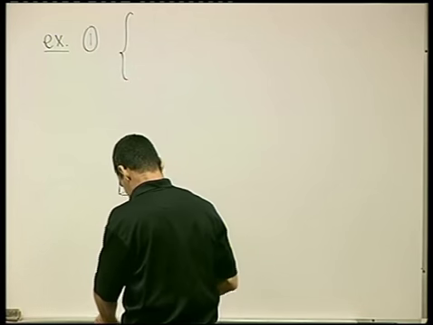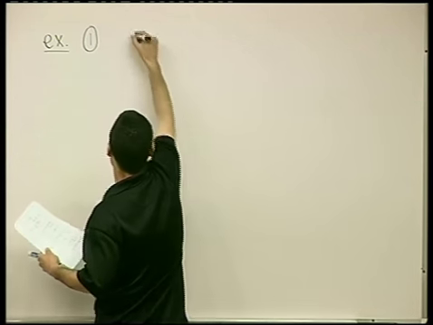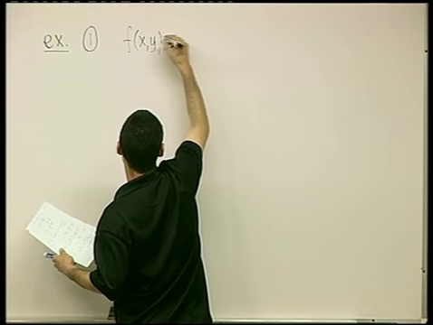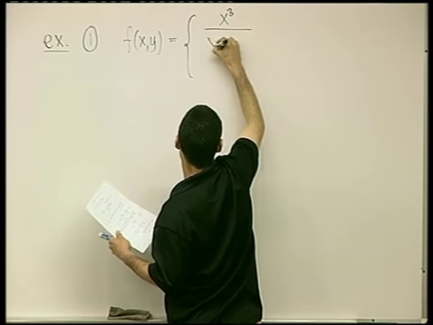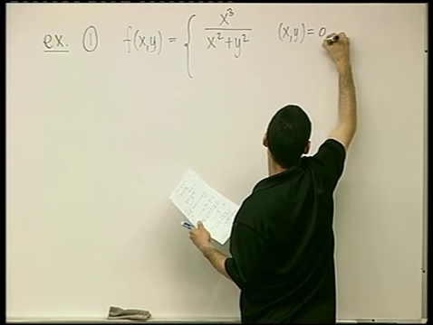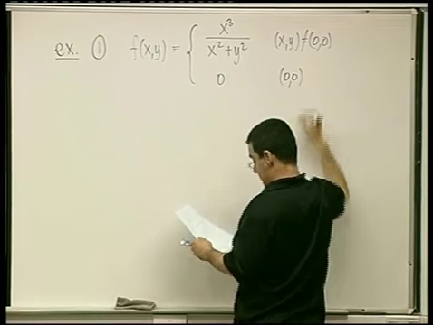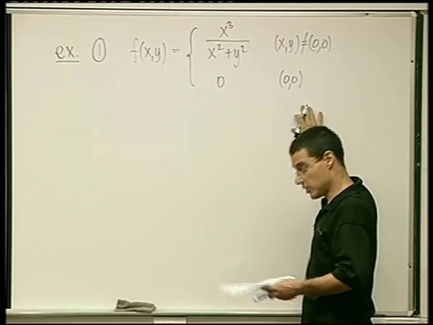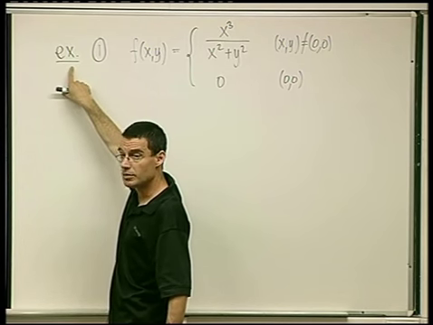So the first example is the function, sorry, I forgot to write f(x,y). f(x,y) equals x cubed divided by x squared plus y squared. This is at (x,y) which are not the origin, and 0 at the origin. And this function, you can check, and I'm leaving it as an exercise. So EX stands for both example and exercise. It's very convenient.